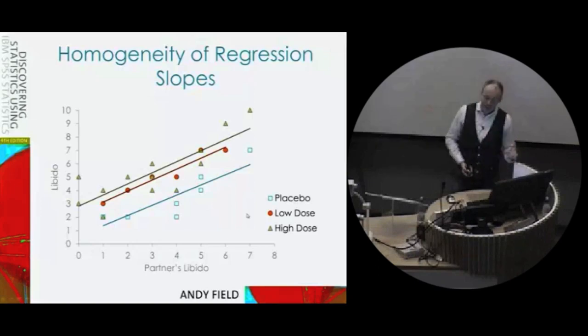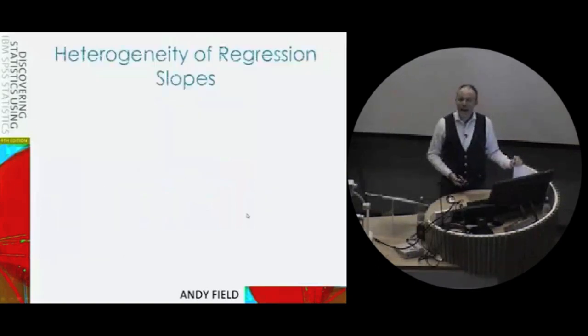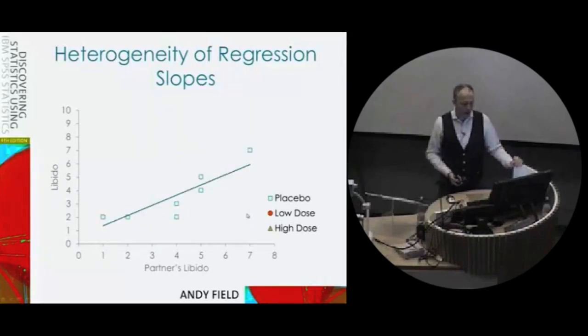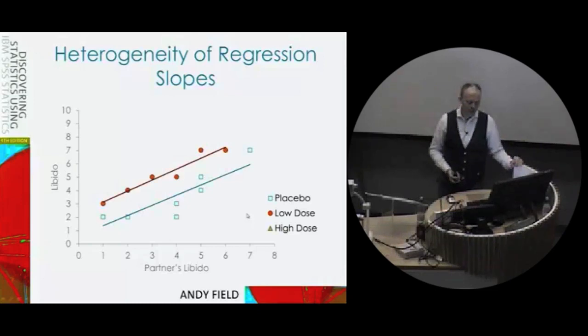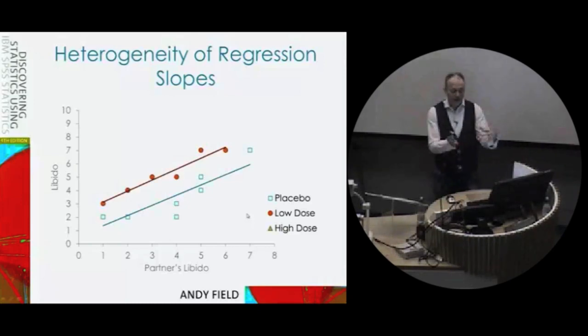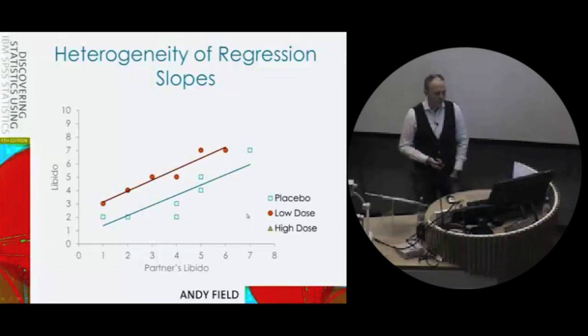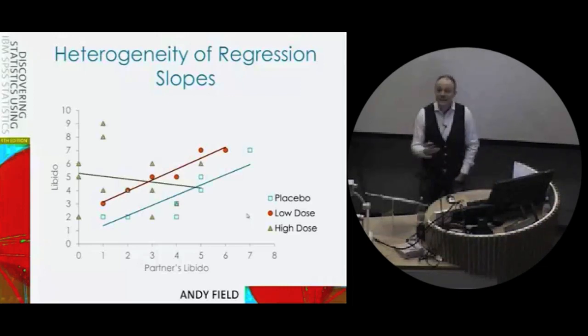What we don't want to see is what we actually get for these data. These are the data we've just analysed. We get a positive relationship in the placebo group, and a positive relationship in the low-dose group, so they're quite equivalent. They're showing homogeneity of regression slopes. But when it comes to the high-dose group, we get a really different relationship.